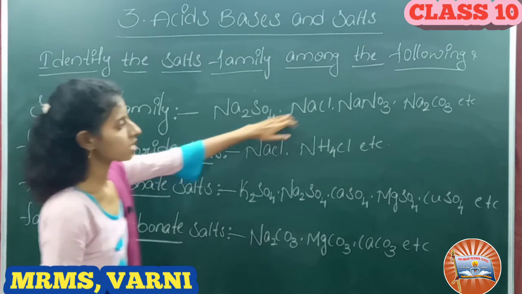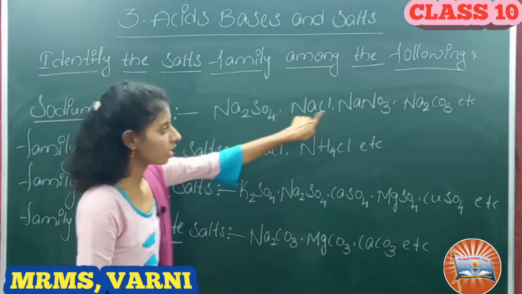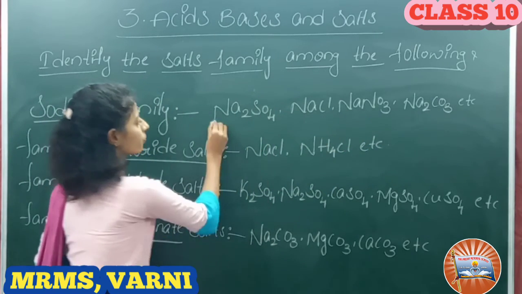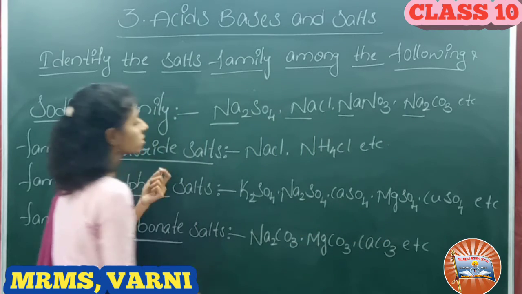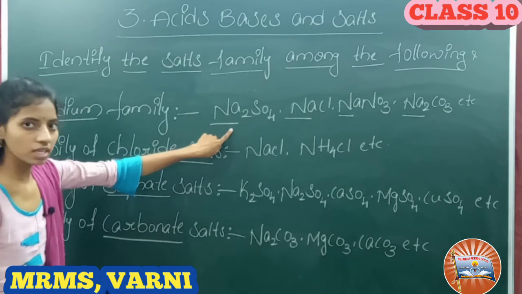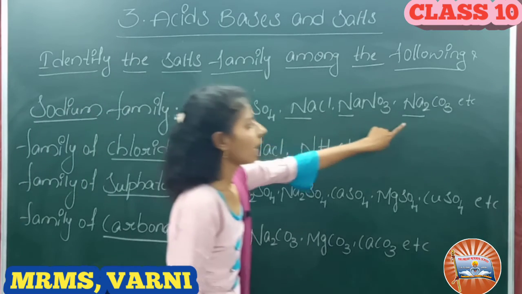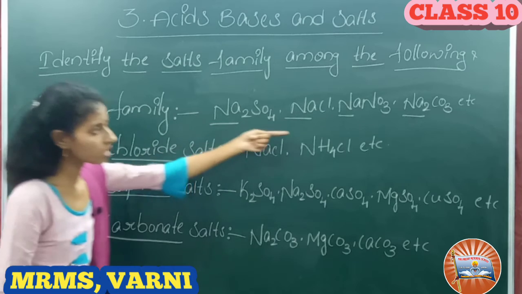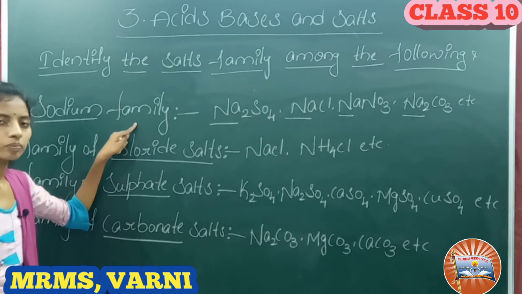Here I gave some examples. Na2SO4, NaCl, NaNO3, Na2CO3. So here Na is common in all the formulae. That means this is a sodium sulfate, sodium chloride, sodium nitrate and sodium carbonate. So that's why we are calling all these formulas belongs to sodium family.